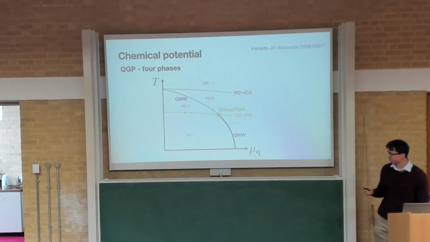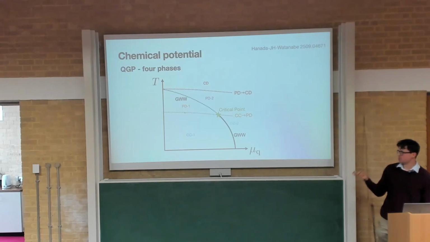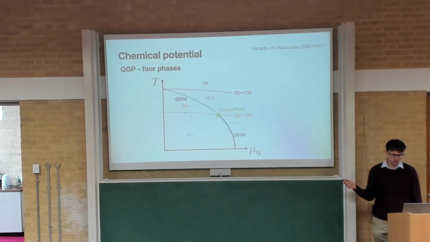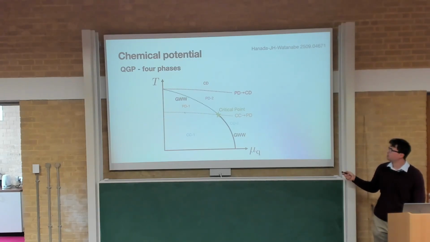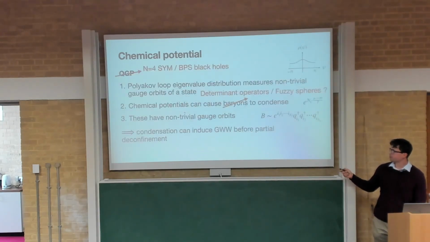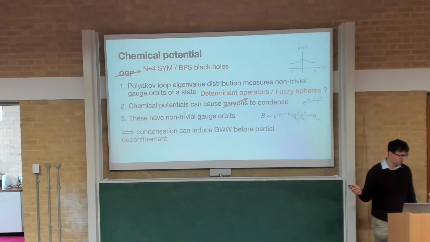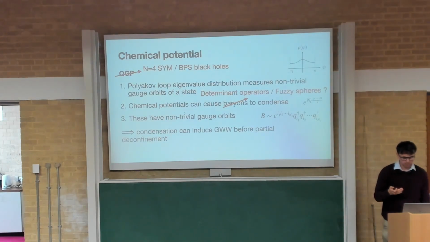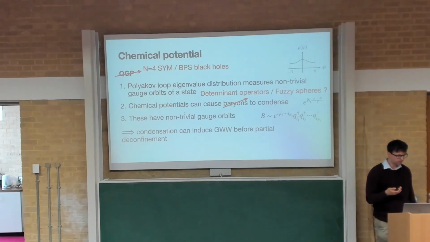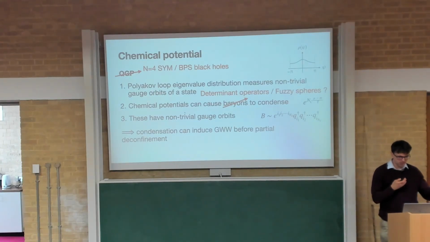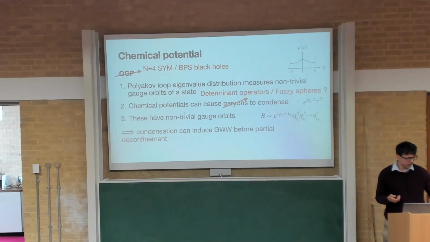That led us recently to propose this new phase diagram for the quark gluon plasma, which I won't have time to get into, but this is the connection to N=4 super Yang-Mills. Instead of baryons, we could have other objects which explicitly break the gauge symmetry when they condense.